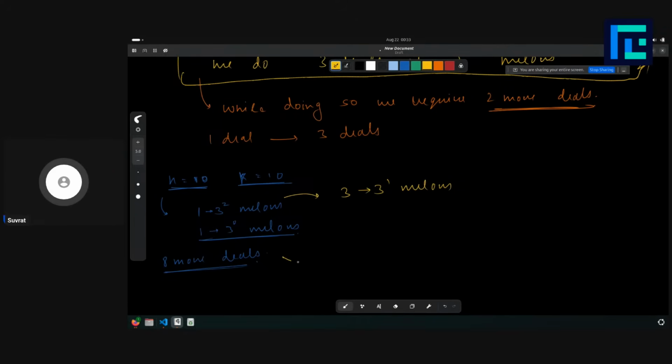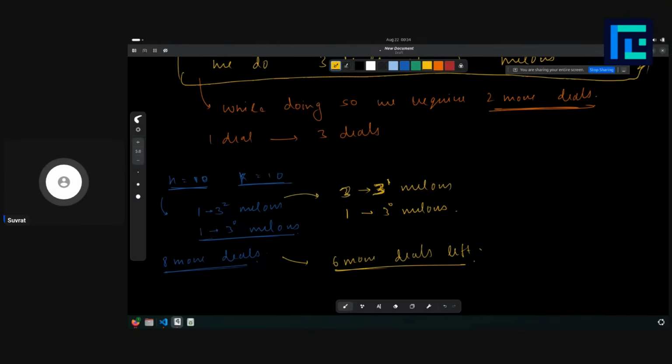So now we will have 6 more deals left, and 1 deal of 3 to the power 0 melons. And now, since we have 6 more deals left, we can dissolve 3 more higher powers of 3.